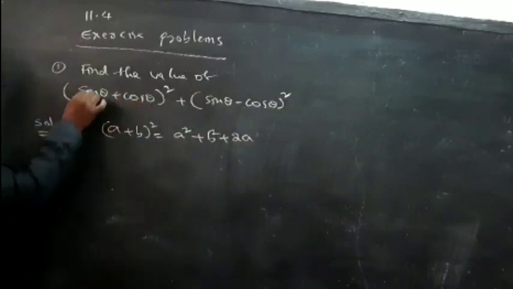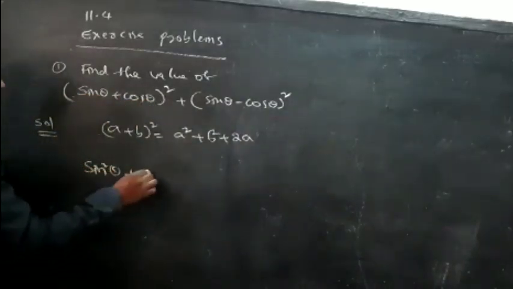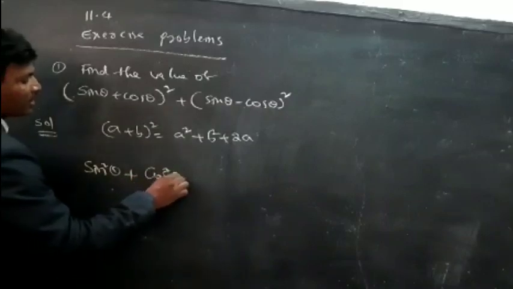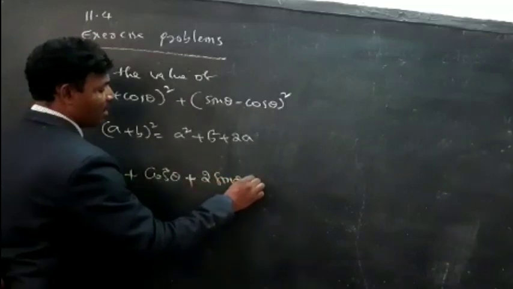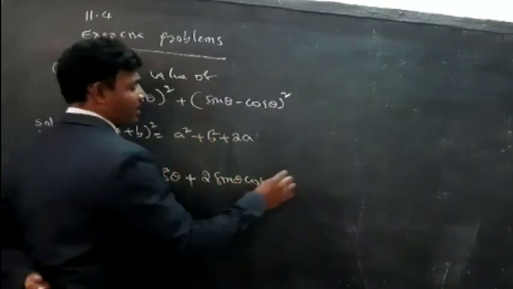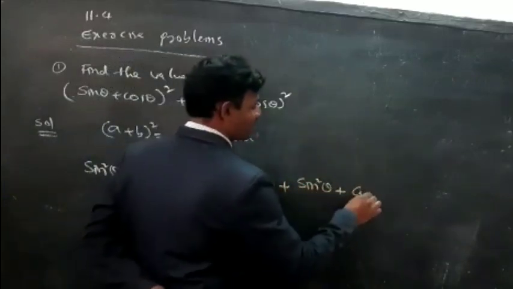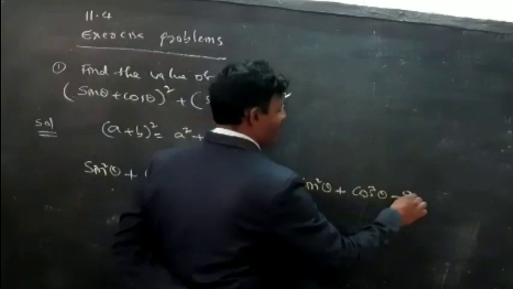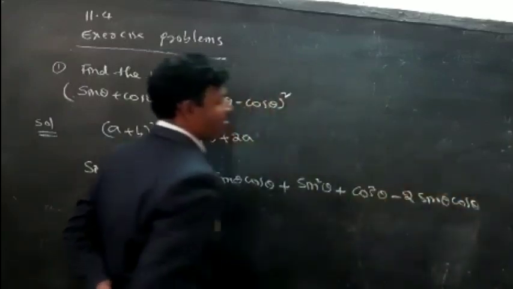So here, a square is sin square theta, b square is cos square theta, plus 2ab means 2 sin theta cos theta, plus here a square is sin square theta, plus b square is cos square theta, minus 2ab means 2 sin theta cos theta.